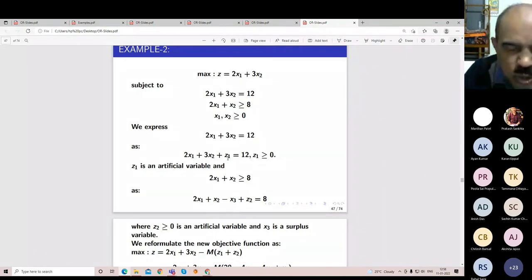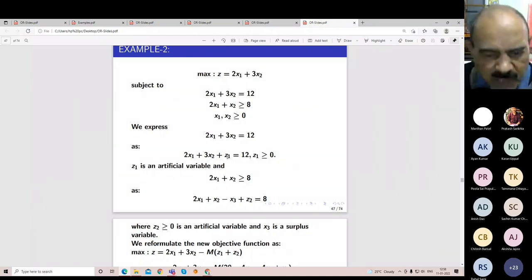If you cannot make the artificial variables 0, then we conclude the problem is infeasible. Now the second inequation, 2x1 plus x2 greater than or equal to 8, we write as 2x1 plus x2 minus x3, where x3 is a surplus variable, plus z2, that is an artificial variable, equal to 8.